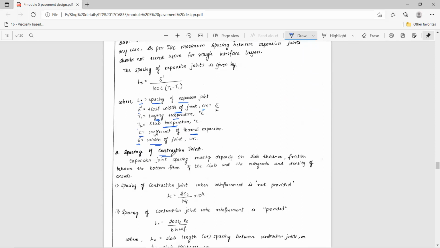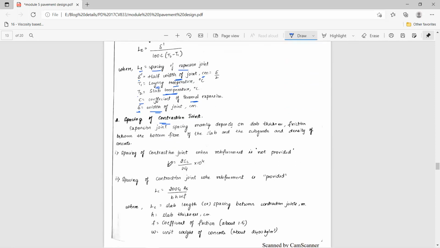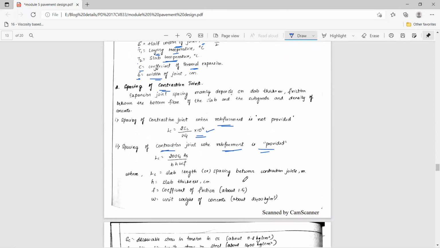Then spacing of the contraction joint when reinforcement is not provided is given by this formula: L_c = 2 S_c / (W F) × 10^4. Then spacing of contraction joint when reinforcement is provided, the formula is L_c = 200 S_s A_s / (B H W F).